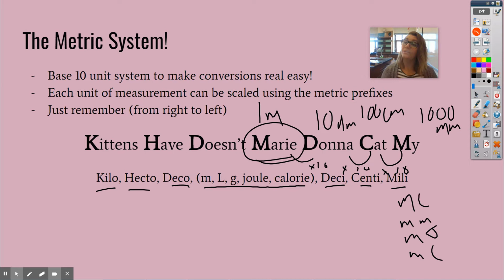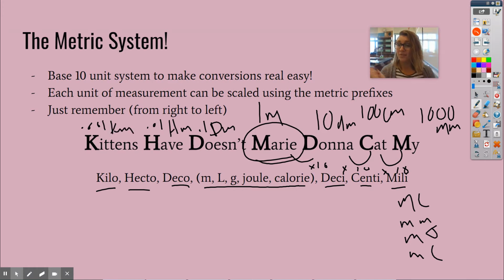If you're going the other direction, going to deca, hecto, and kilo, it's still base 10, but instead of multiplying by 10, you're dividing by 10. So 1 meter is 0.1 decameter. 1 meter is 0.01 hectometer. And 1 meter is 0.001 kilometer.